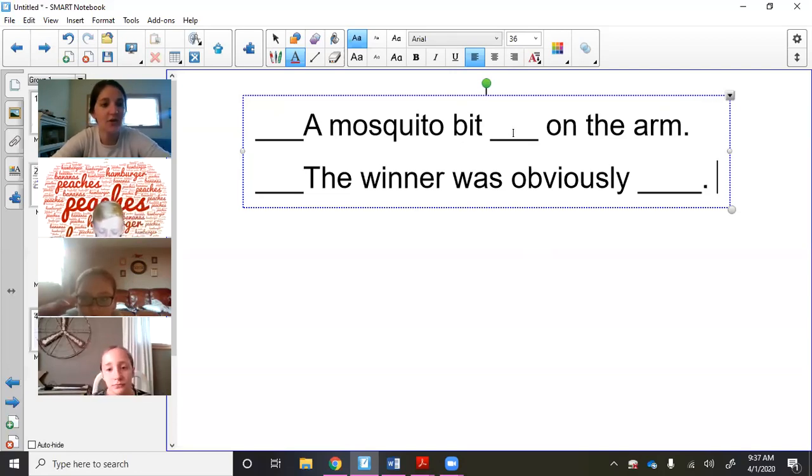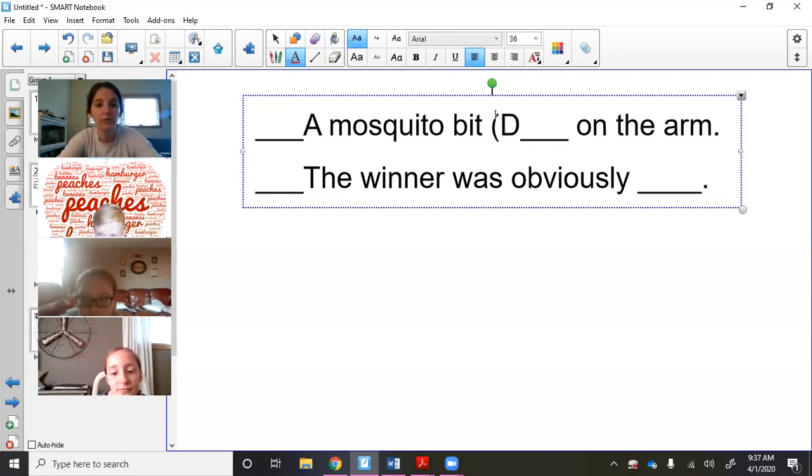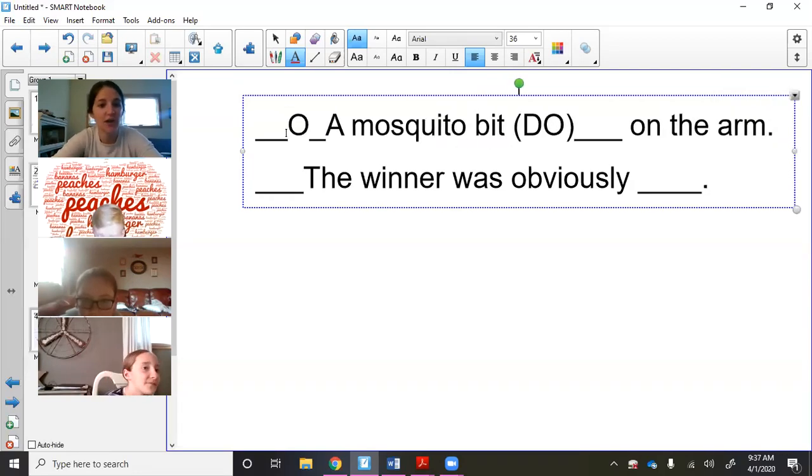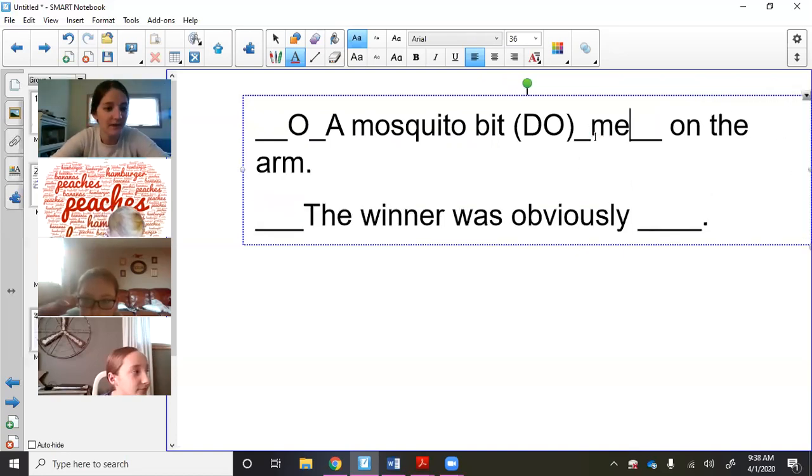No, it wouldn't. So it would be a direct object. That would be the job of this word. Since it's objective, what would be the word that we would choose? It would be me.